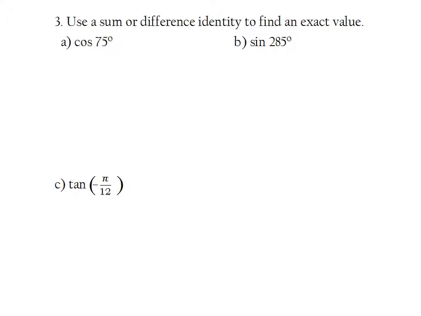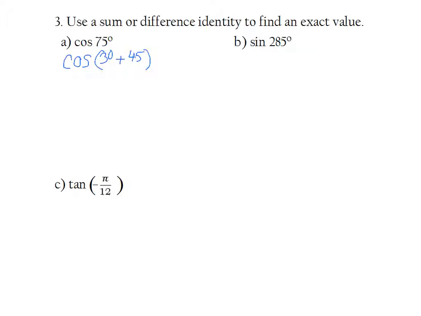But what I'm going to do is write that 75 as a sum or a difference of two angles that are on the unit circle. Can you think of two angles that would add up to 75 but are definitely on my unit circle? I hope you say 30 and 45. That's probably the one that jumps out.